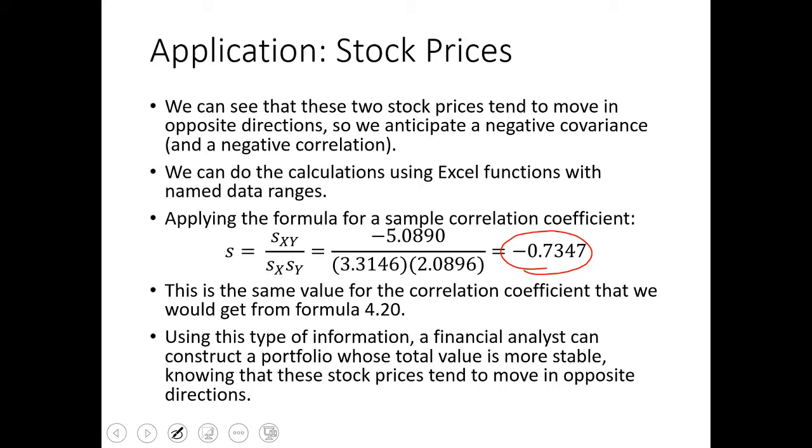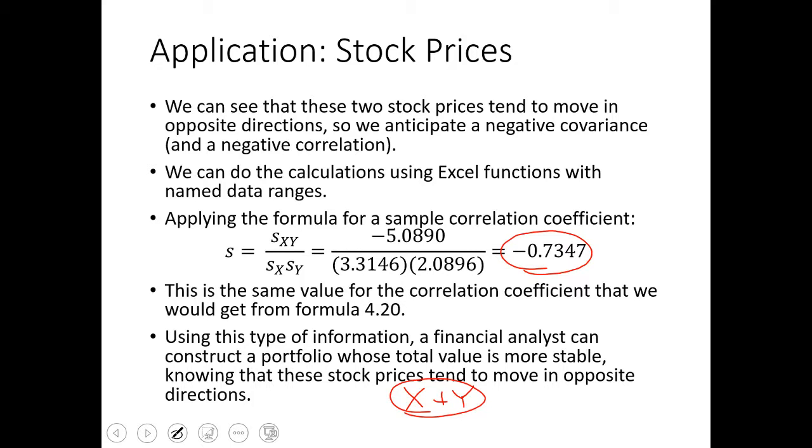If you were a portfolio manager, then you can buy stock X and stock Y together and make a portfolio with X and Y. Then your portfolio will be very stable, because if X price goes up, then Y price goes down, and your portfolio will be balanced. And if X price goes down, then Y price goes up, and your portfolio will be balanced. So your portfolio is more stable than stock X alone, or than stock Y alone.